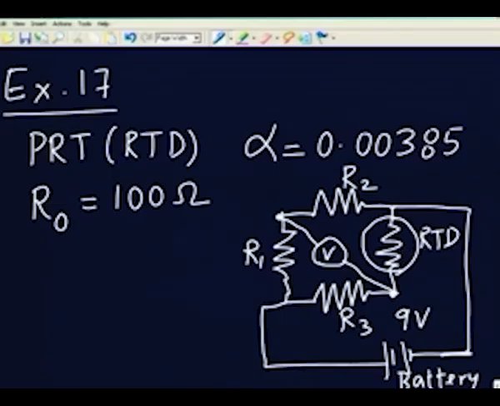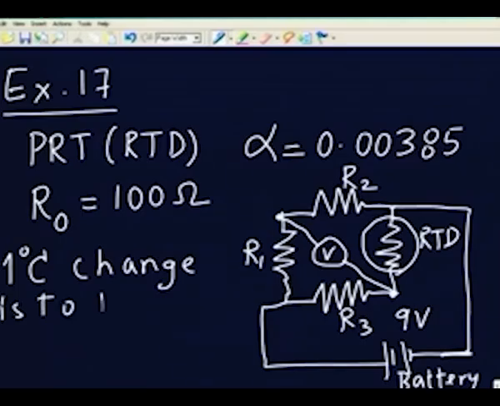change in the voltage. What we would like to do is to find out if I want to resolve 1 degree change. That is, if the RTD is exposed to some temperature or is at some particular temperature, if it changes by 1 degree Celsius either up or down, I must be able to find out, I must be able to resolve that temperature.